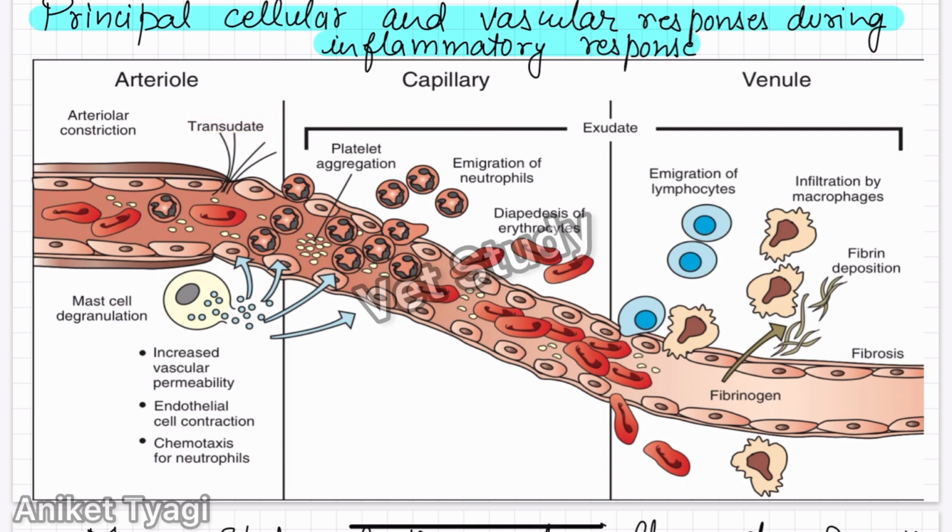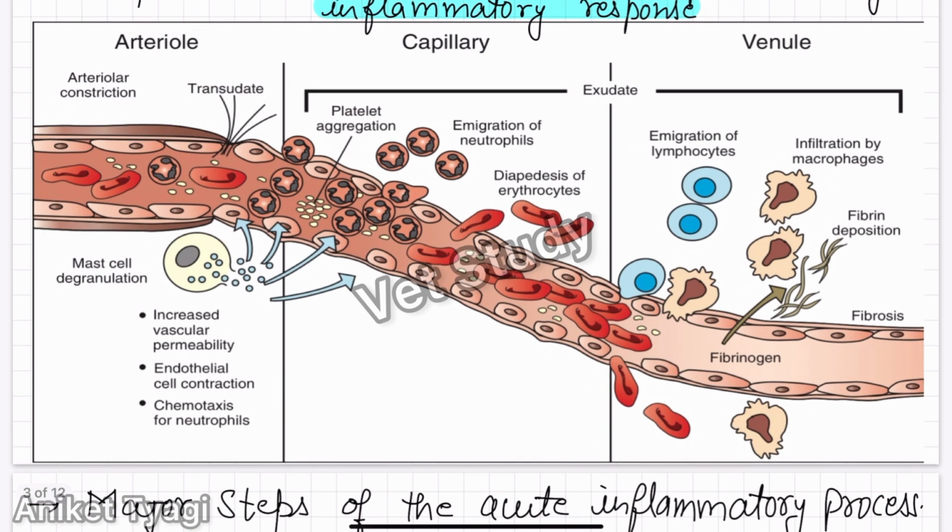So this is transudate. Okay, so it will exit the blood, and this happens due to mast cell degranulation. When mast cells degranulate, there is release of certain chemicals, we will discuss them later, and due to which there is increased vascular permeability.